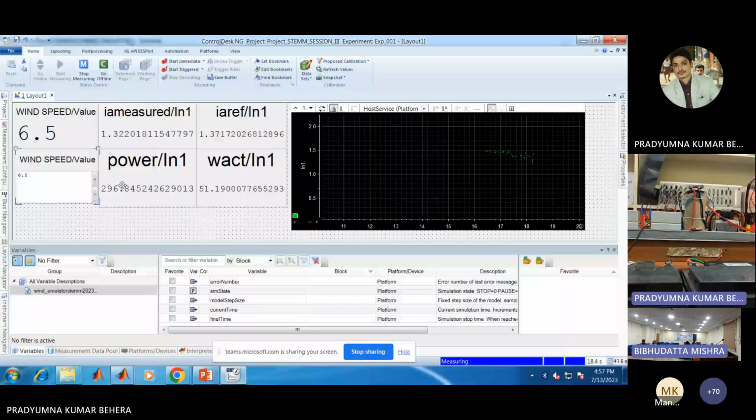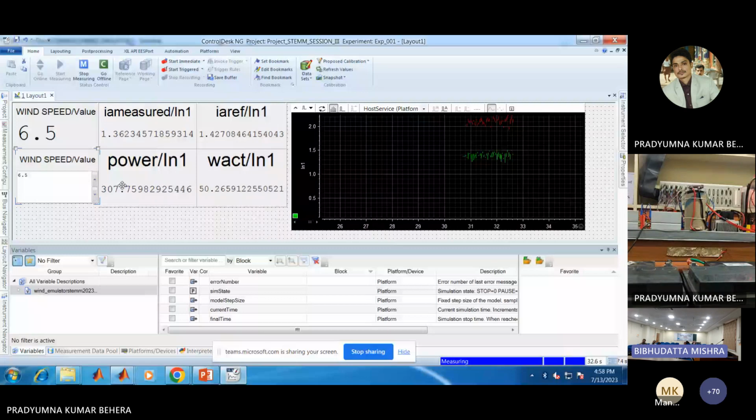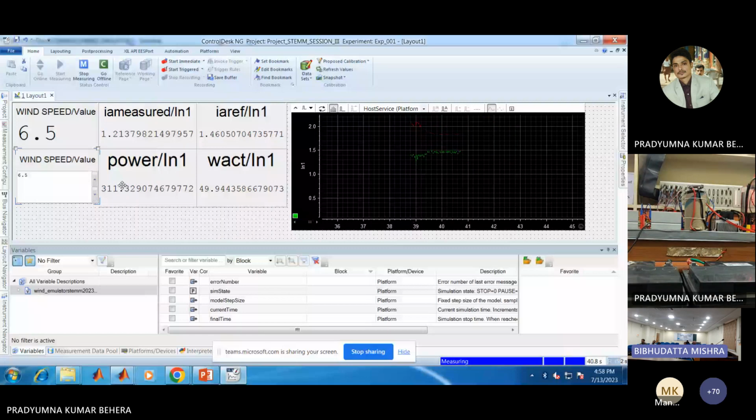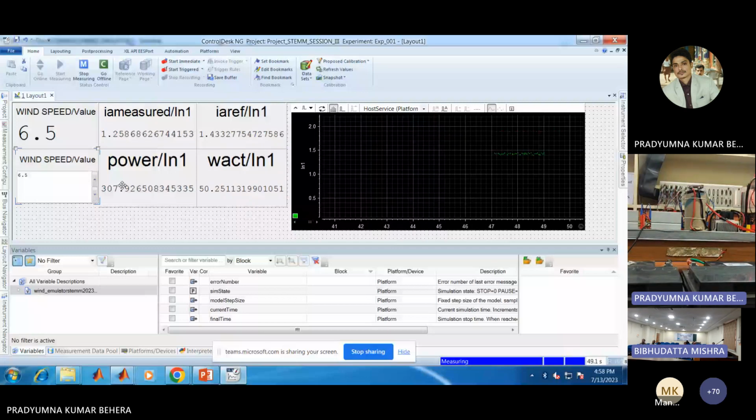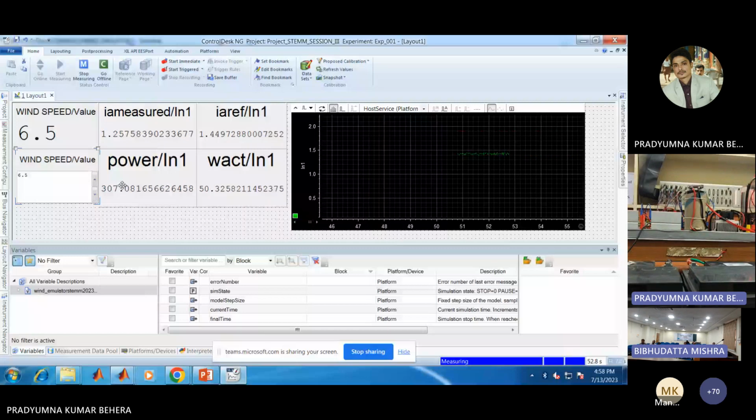Now I applied the full rated voltage, that is 220 volt at the DC motor terminal, and you can see the power output. Power output of the wind turbine is 300 watt, and the omega actual is around 50 radian per second.